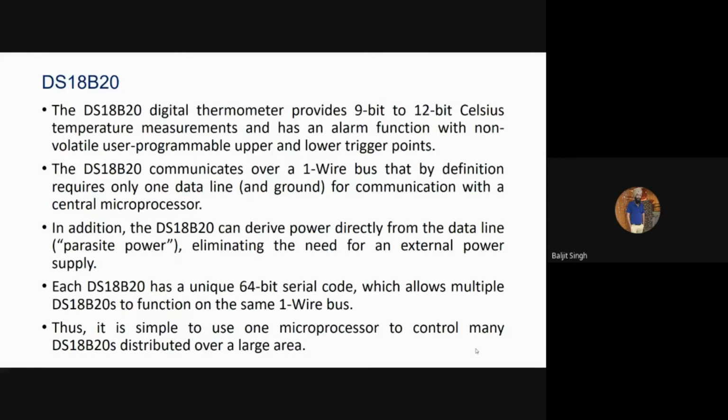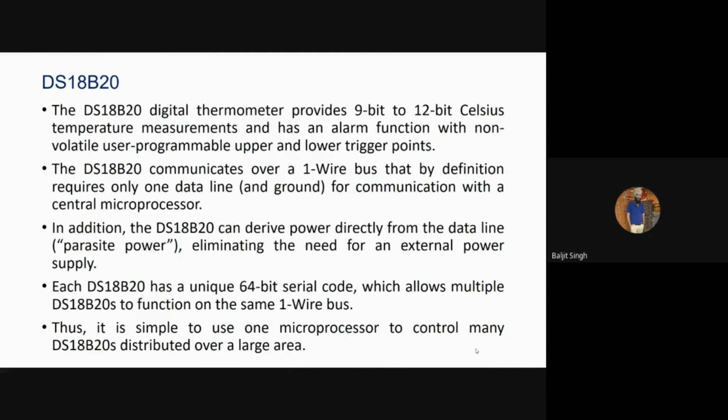This is a very good feature of this kind of sensor, and some other sensors also which use one wire communication as their communication bus. So with the same single digital bus line, you can connect up to thousands of sensors in parallel.